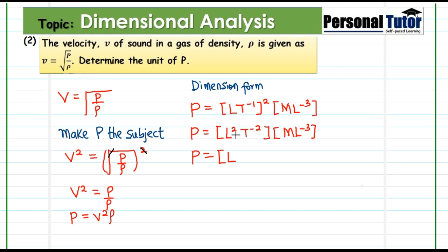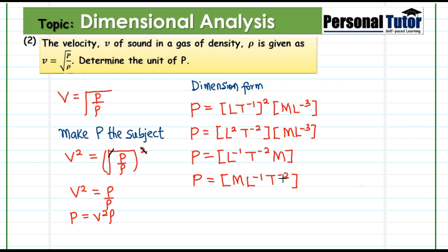That will be 2 plus minus 3, and 2 plus minus 3 is negative 1. Let's pick the T. It has no other counterpart, and so it is written as T negative 2. Let's pick the M. It is alone. This is how it is. We could then reorganize and say that the dimension of P is M L negative 1 T negative 2.